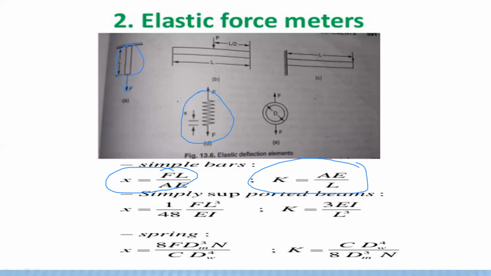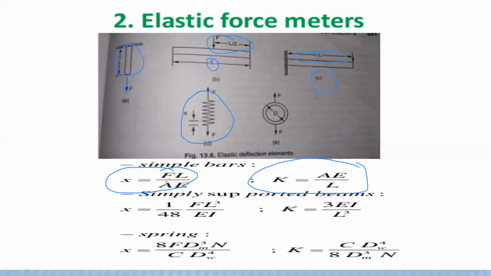If we add some force, the length increases by L by 2, and at the highest force applied, you can see the capital L, which is the maximum deflection length of the spring. So that is the elastic deflection element.